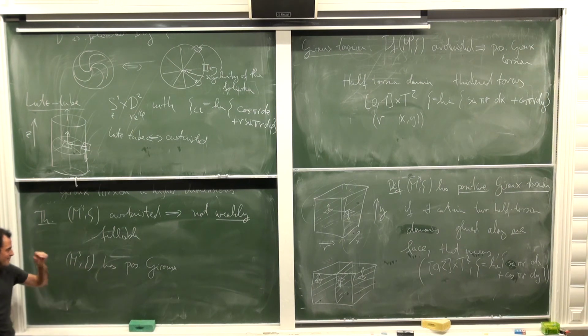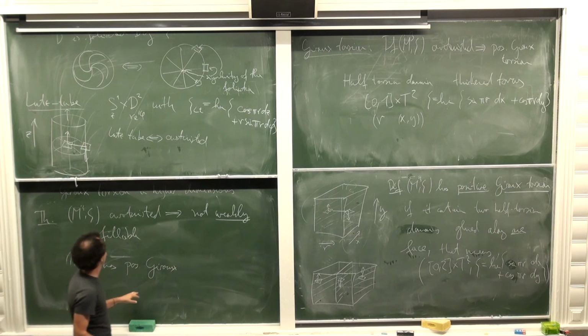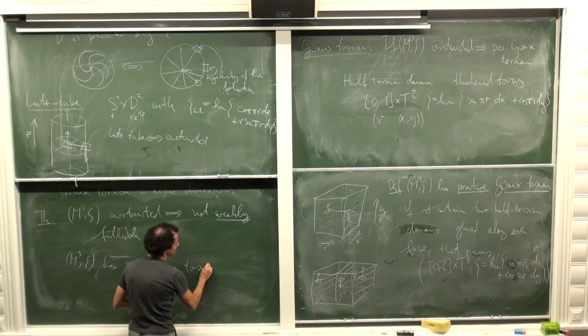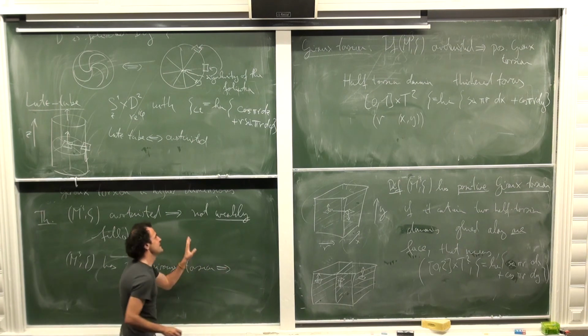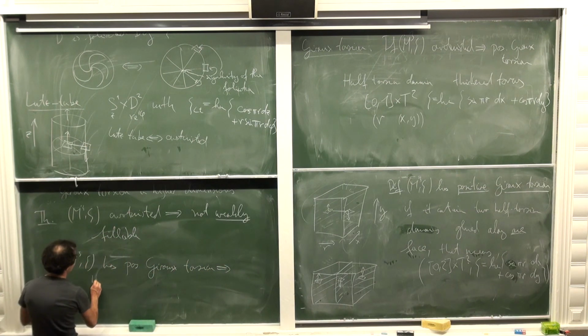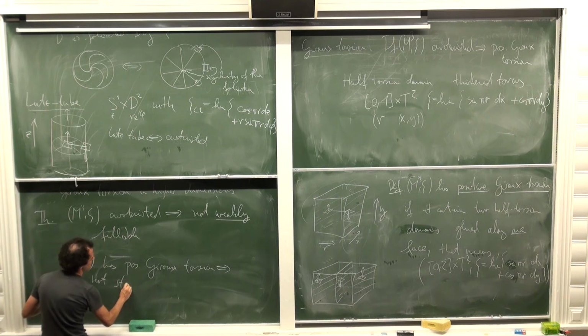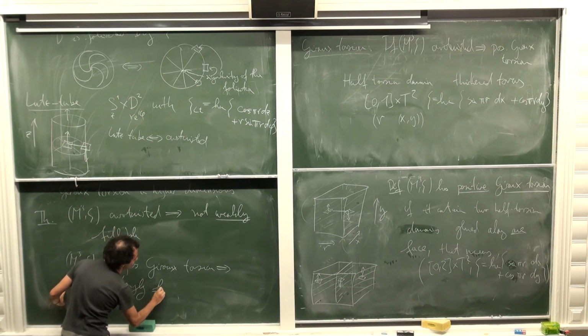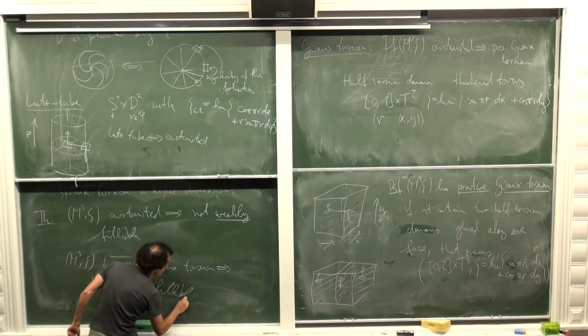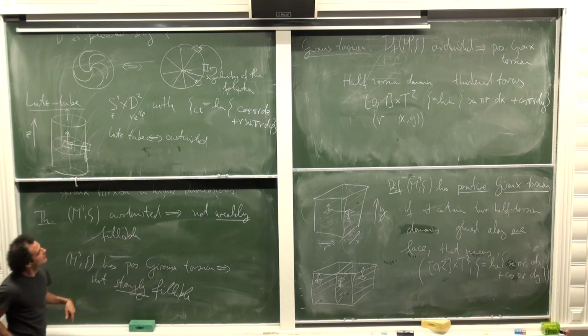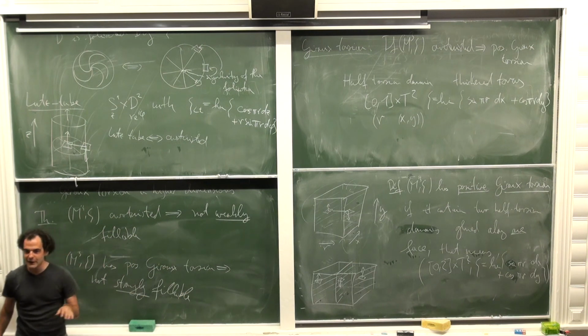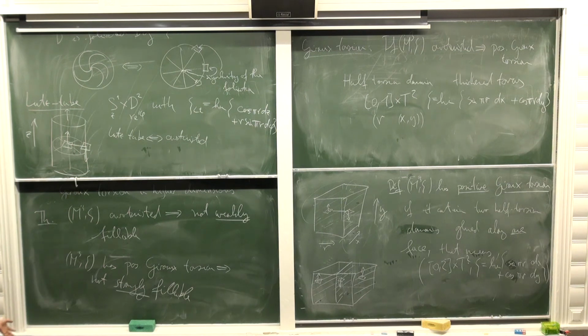So if M psi has positive Giroux torsion, then it is not strongly fillable. It might be weakly fillable or it might not, this depends.